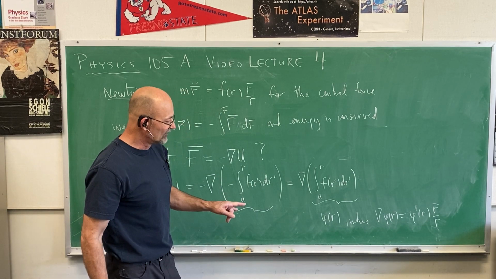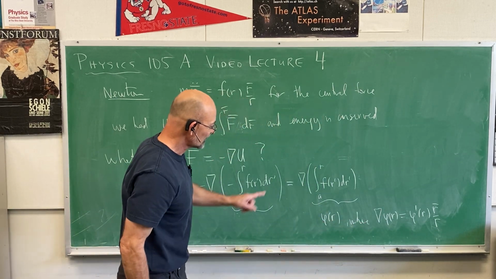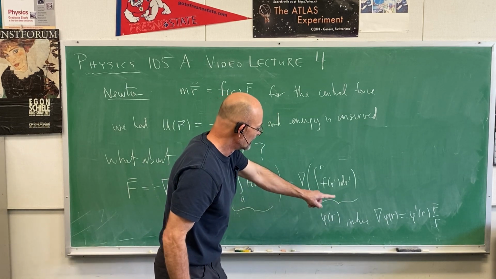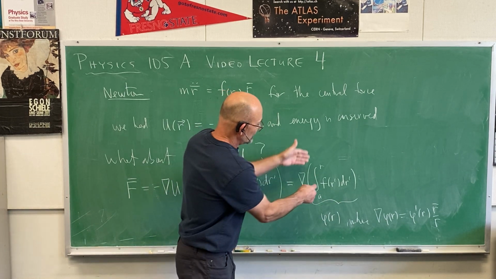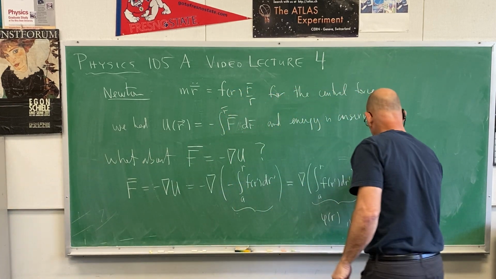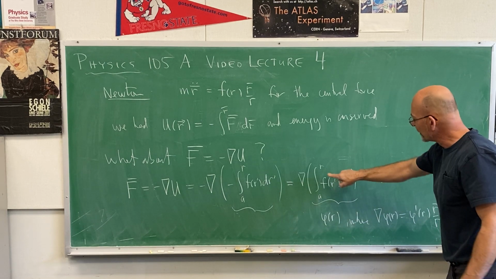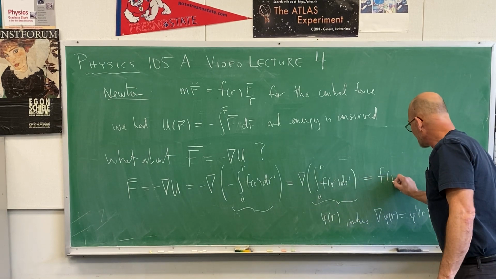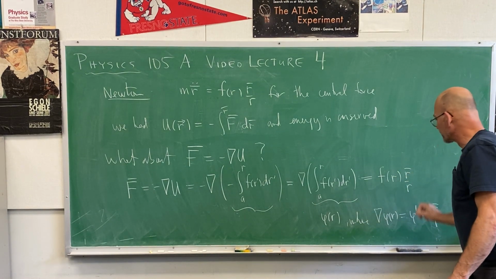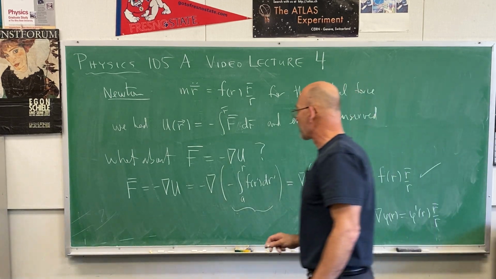And so this was very general. What we have here is this phi prime is just the derivative of this thing in parentheses with respect to R, which is just the integrand evaluated at the upper boundary. So f of R, and then we've got the unit vector. Check. So that works out as well.